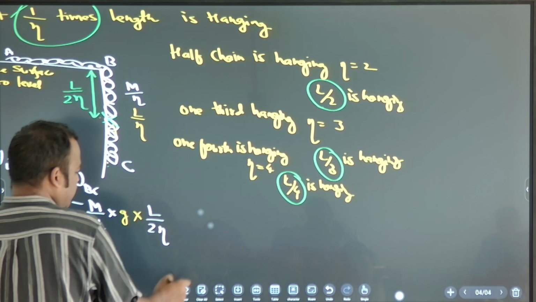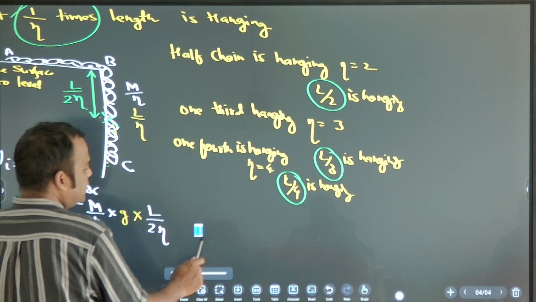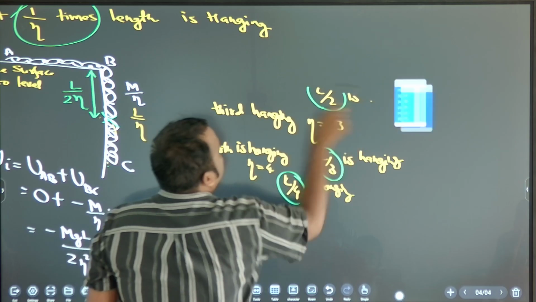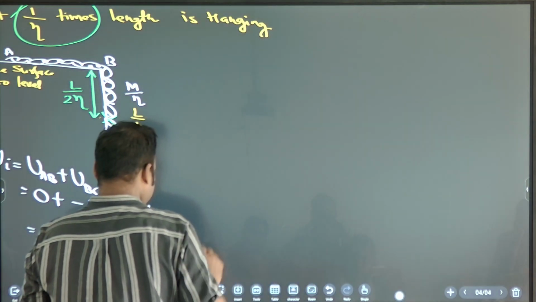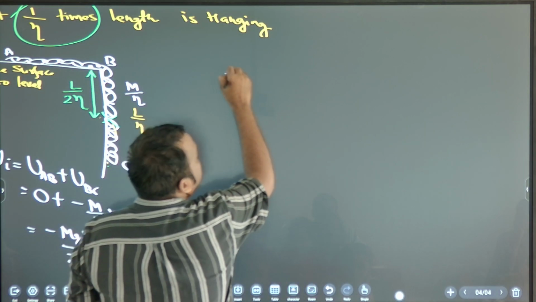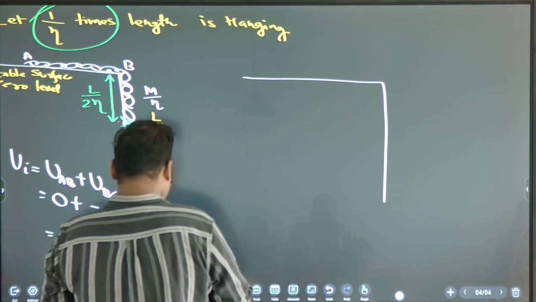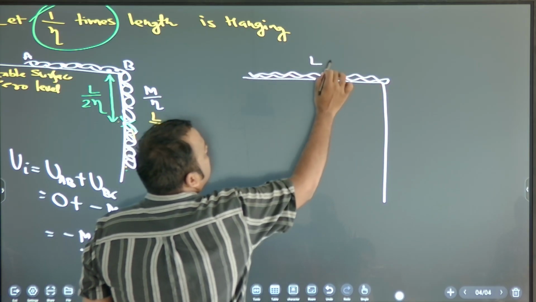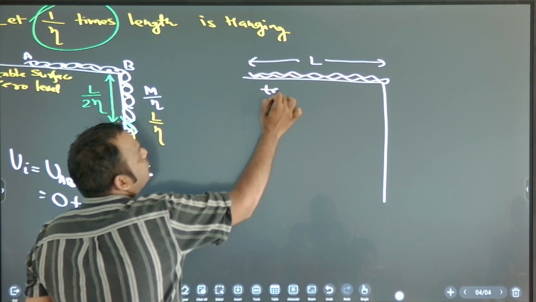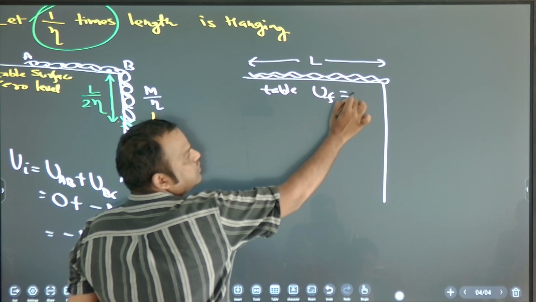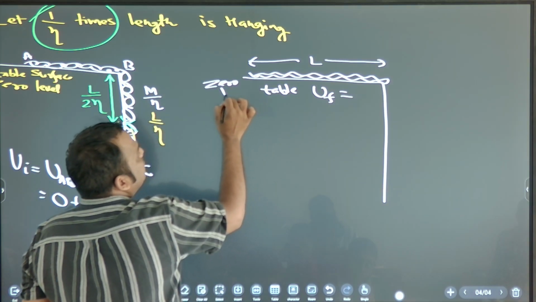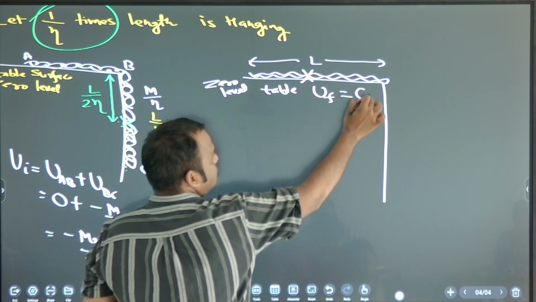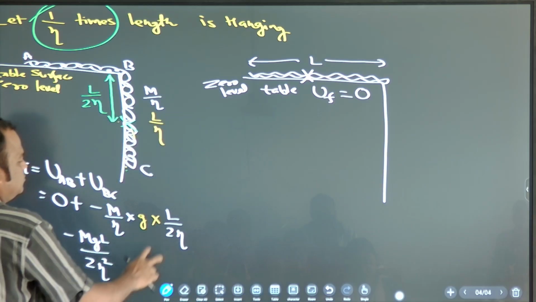Finally the whole chain is on the table. What is U final? This is the 0 level, the center of mass is here, so U final is 0.